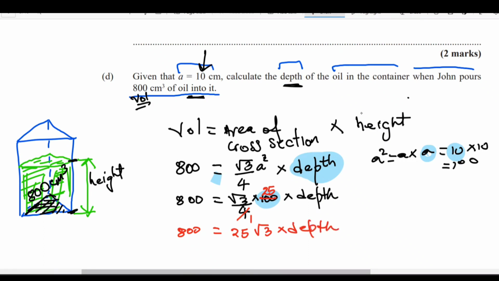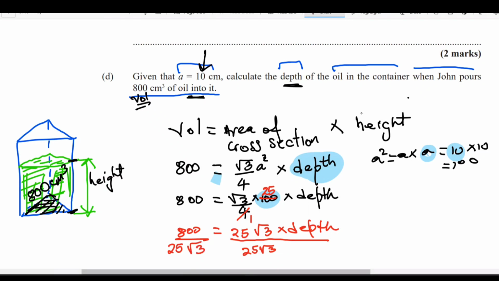Working math all the way down. So all we're going to do now is to divide both sides by 25 root 3, and the answer will come out.